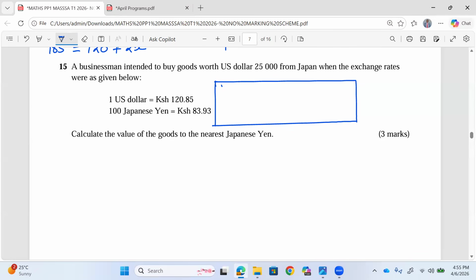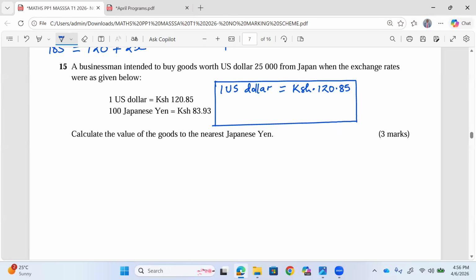See, 1 US dollar is properly stated as equal to 120.85 Kenya shillings. On the other side, if 100 Japanese yen equals 83.93, what about 1 Japanese yen?